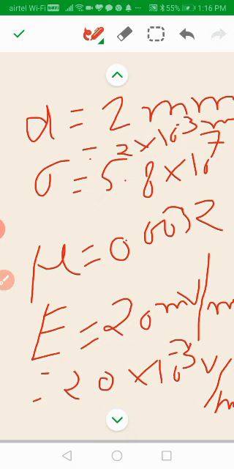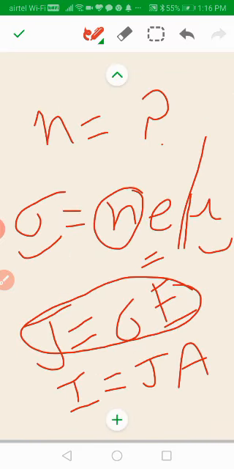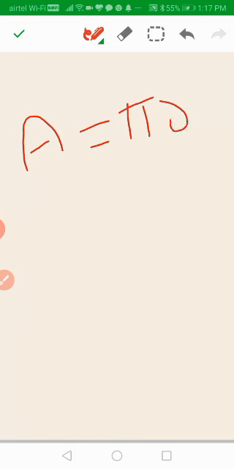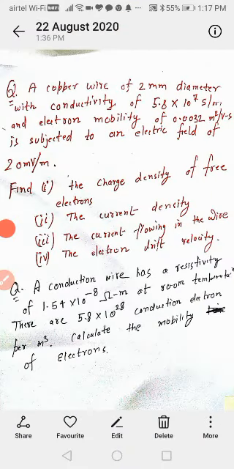We can calculate the area by pi r square, and r is d by 2. Calculate it by yourself, and do these calculations with the help of a calculator.